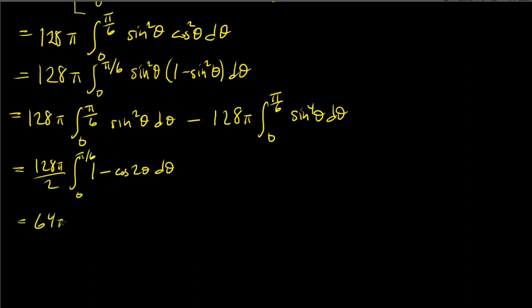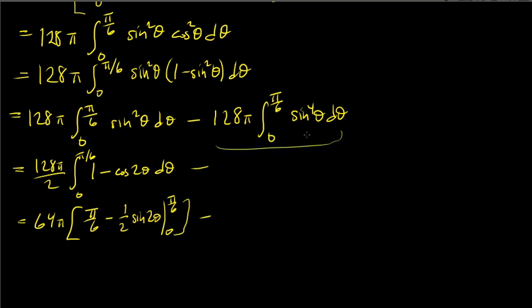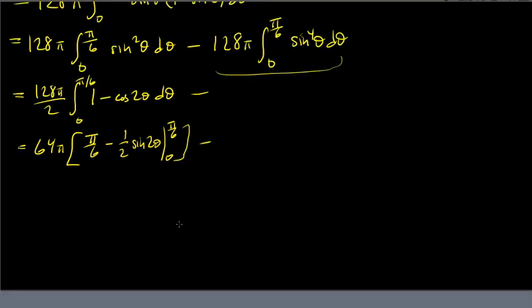So 64 pi. And then here you're just going to get pi over 6. And then when you integrate cosine, you get sine. And then with the substitution, you get 1/2 sine of 2 theta, evaluated between 0 and pi over 6. Right? We'll worry about this one later. Oh, you can already see I'm running out of space here, right? So 64 pi squared over 6 is going to be 32 pi squared over 3.